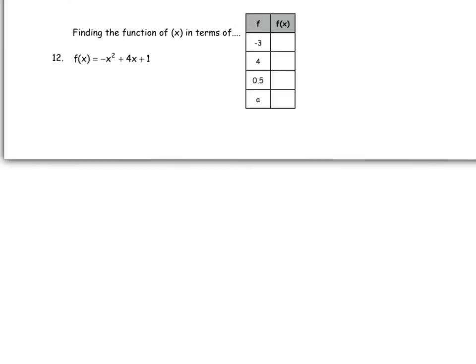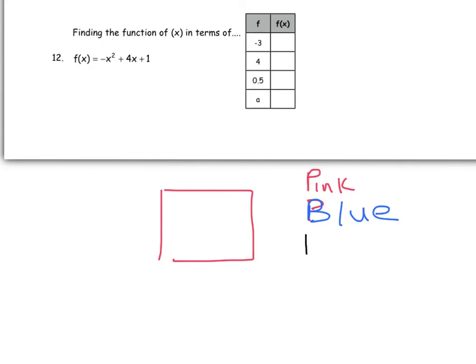All right, so here we're finding the function of x in terms of. All right, so what this is you basically have different F's, okay, your different functions. It's like having a machine, and we want to have pink one day, and we want to have blue Skittles the next day, and maybe black Skittles, which I know they don't make them.